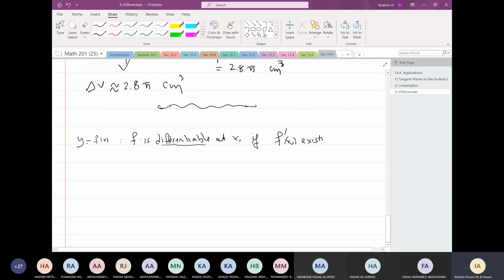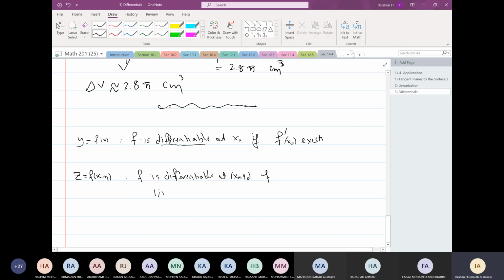In Math 201, the definition is not exactly the same. There is an extra condition here. We say f is differentiable at x0, y0 if two conditions are satisfied.